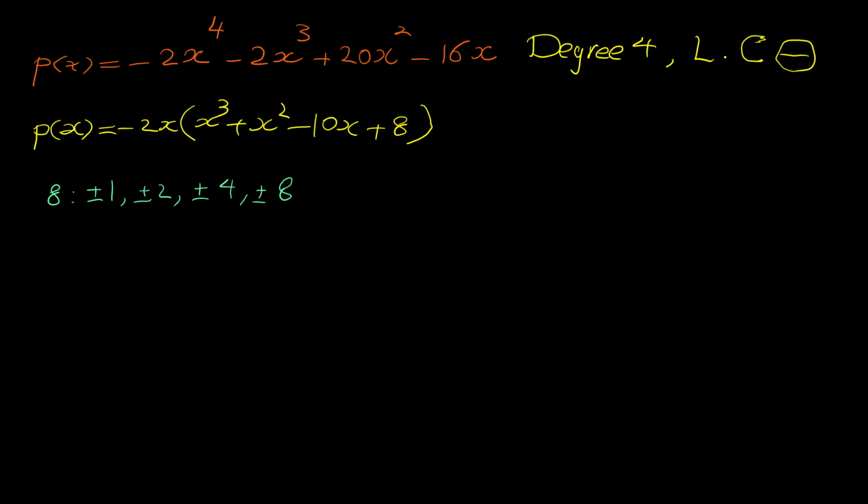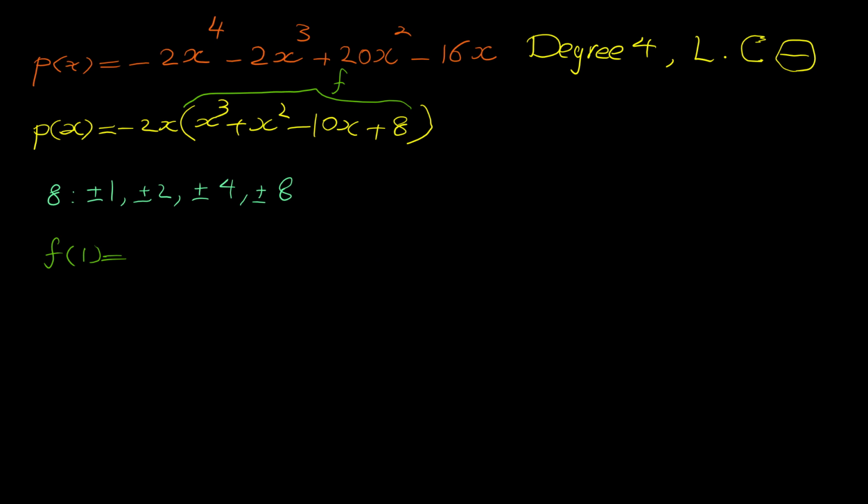Let me name this f, then I plug these numbers inside f. Is f of 1 zero? If it is 0, then x minus 1 is a factor for this polynomial. If not, we have to check other numbers.